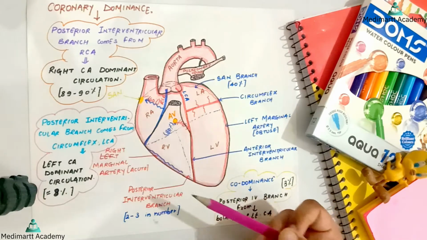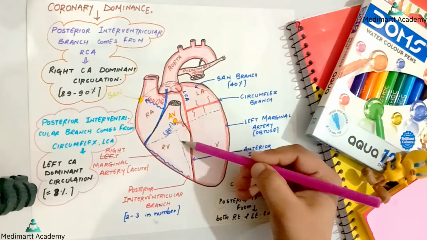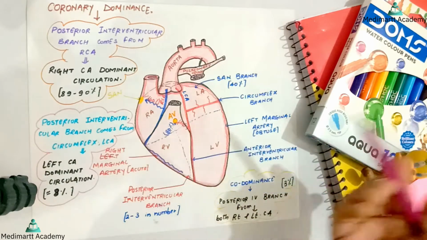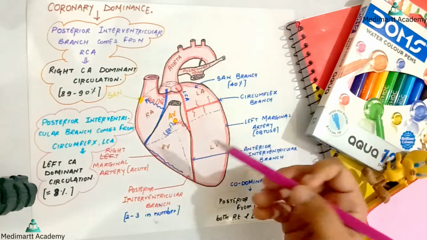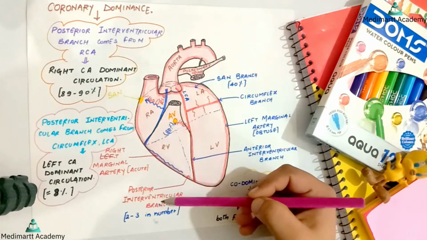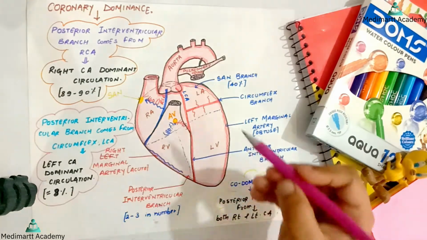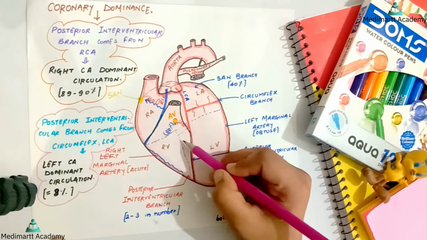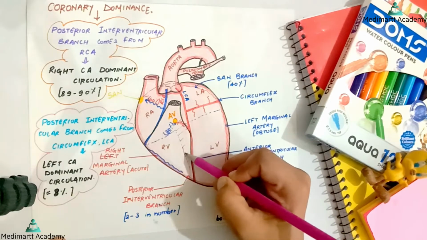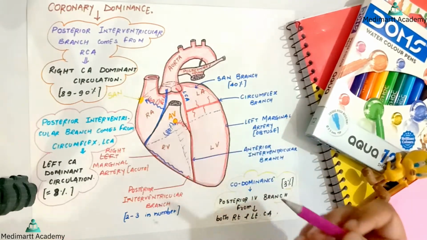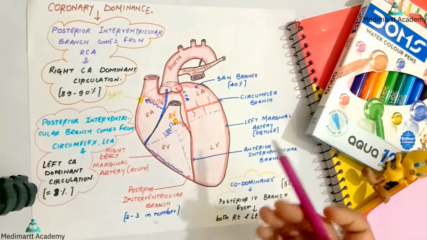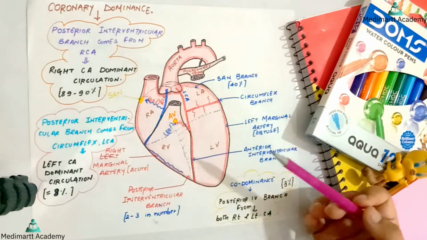These are 2 to 3 in number. I have drawn dotted lines here, which means it lies on the posterior surface of the heart. It also has some septal branches which arise from here like this, which supply the interventricular septum. In the further lecture I will tell you about the distribution and the branches.